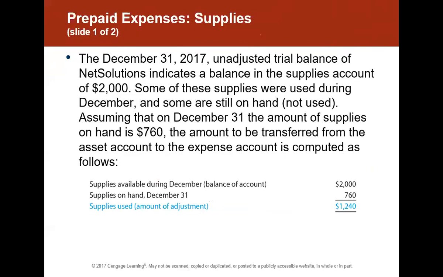So when you're doing supplies, just make sure you know, are they giving you what was used up or are they telling you what was left? If they told me we used 1,240, that's my adjustment amount. If they tell me how much was left at the end of the month, I need to subtract to get my adjustment amount. Okay. And again, we've already done this journal entry in chapter 2.